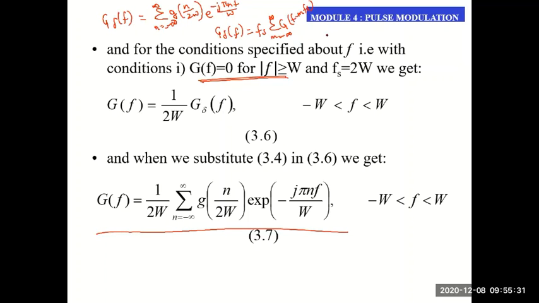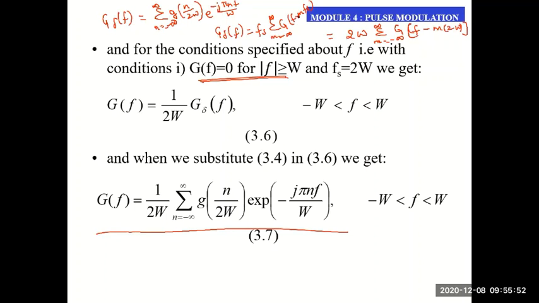If I have a strictly band limited signal, in this second equation I can put Fs as 2W, and the summation m is equal to minus infinity to plus infinity G of F minus m into 2W.